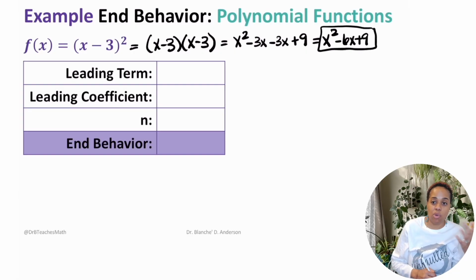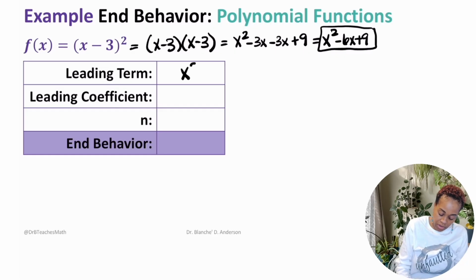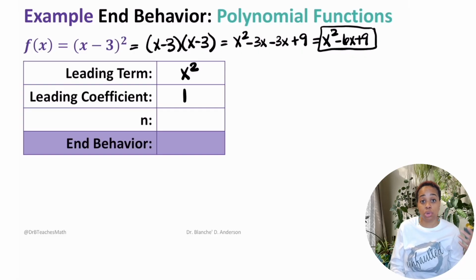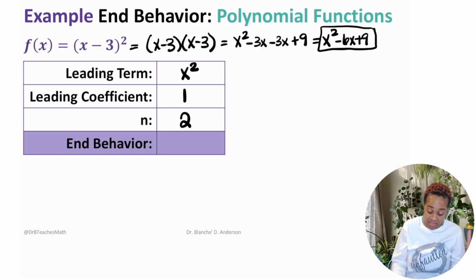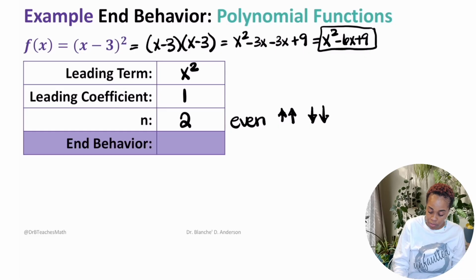So now, what's the leading term? Good, x squared. What's the leading coefficient? 1. What's the degree? 2. And when we know it's an even degree, we know that the end behaviors are going to go the same direction. They're either going to go both up or both down.